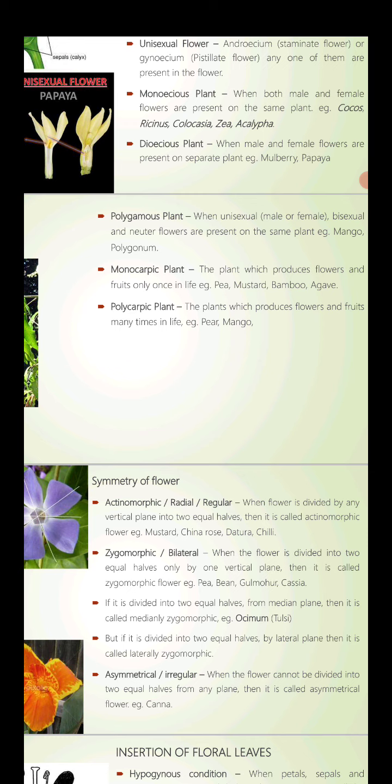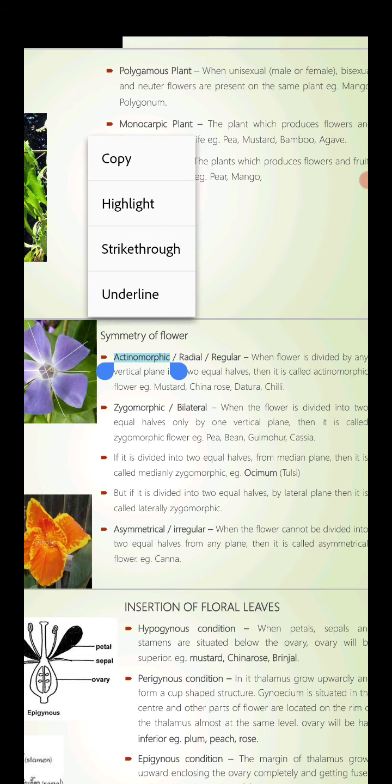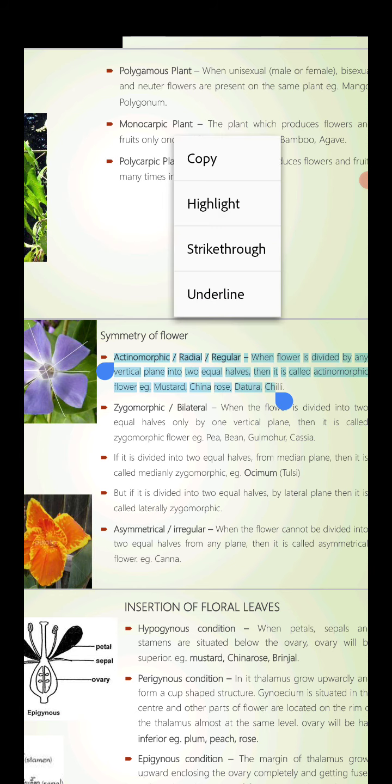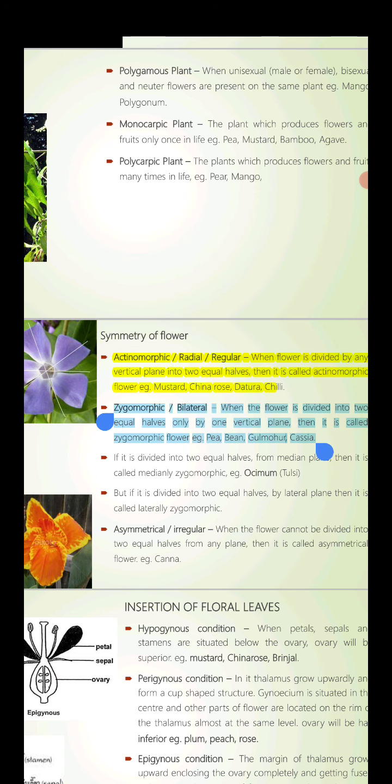Zygomorphic flower: when the flower is divided into two equal halves only by one vertical plane, then it's called the zygomorphic flower. Examples, pea, bean, gulmohar, cassia. So there are three types of symmetry of flowers: actinomorphic, zygomorphic, asymmetrical.